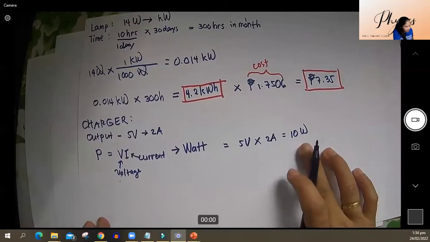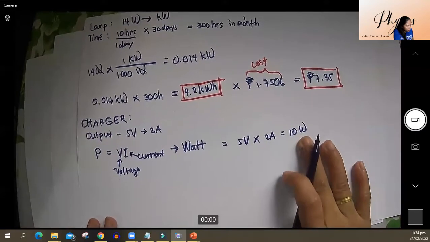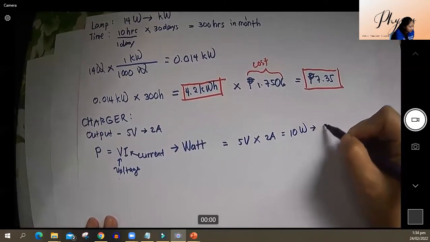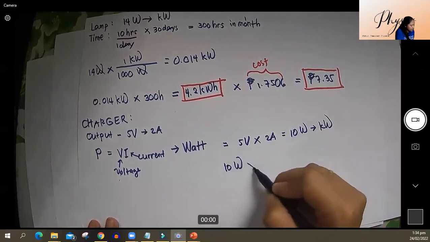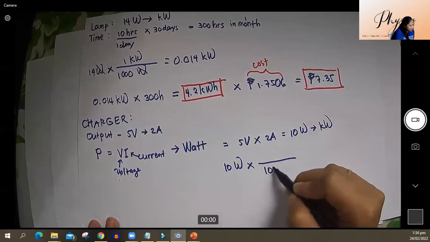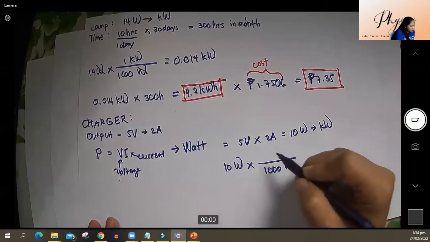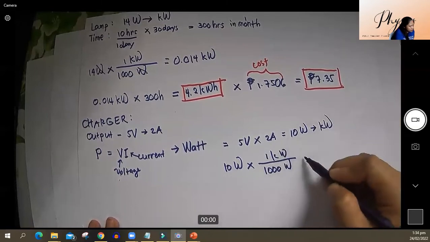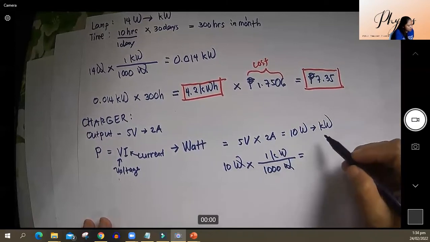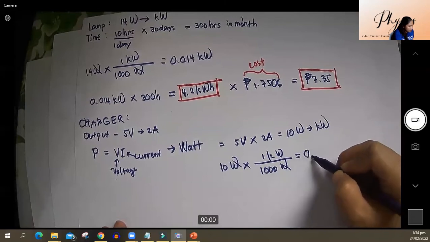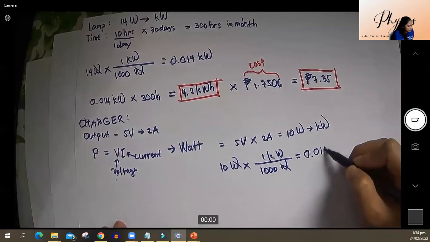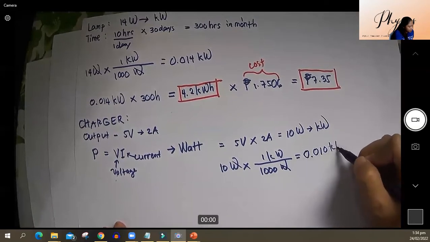So 10 watts, we need to convert that to kilowatt. There are 1000 watts in 1 kilowatt, so it will give us 0.010 kilowatts.